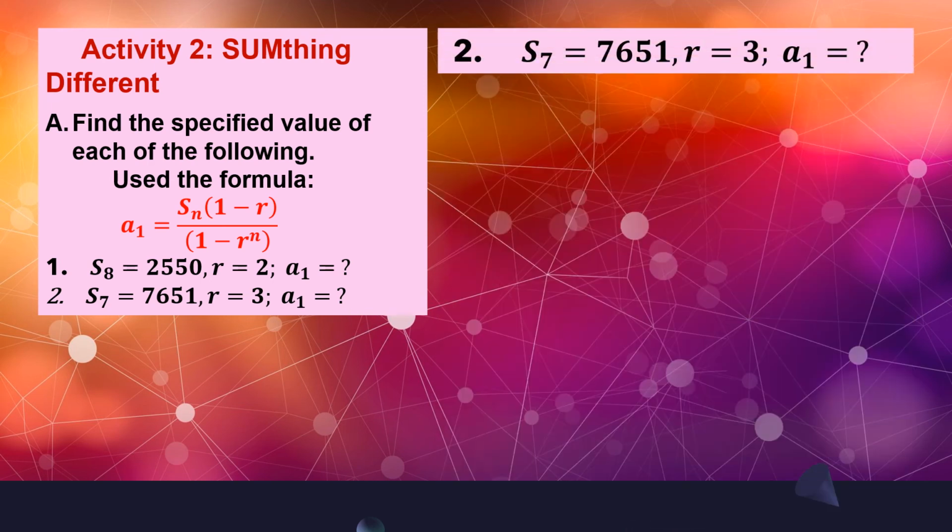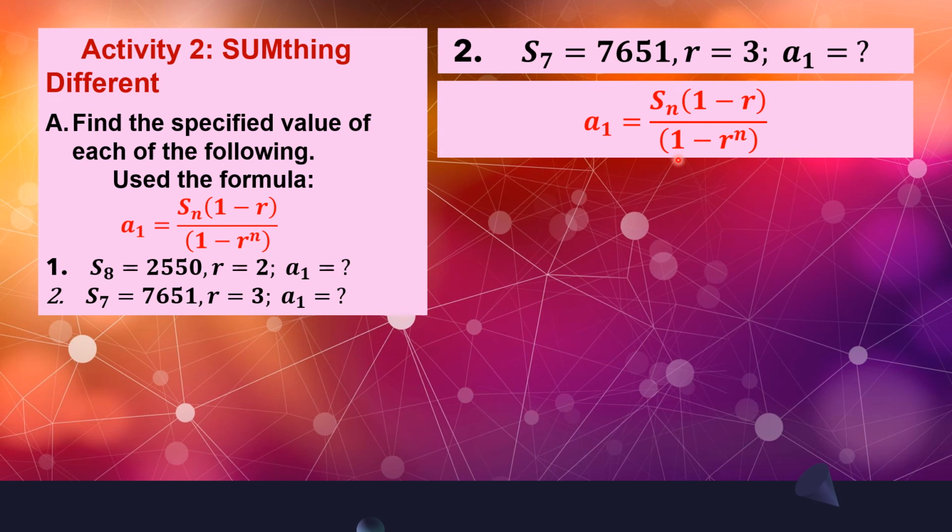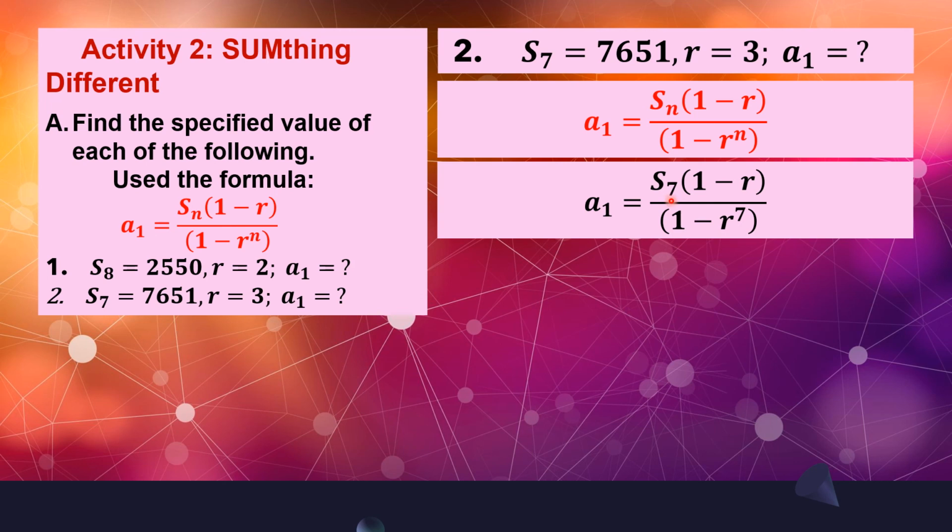And for number 2, again, just substitute the given to the formula. n here is 7. So let us change n to 7. So S sub n is S sub 7 times the quantity 1 minus r all over 1 minus r raised to 7.